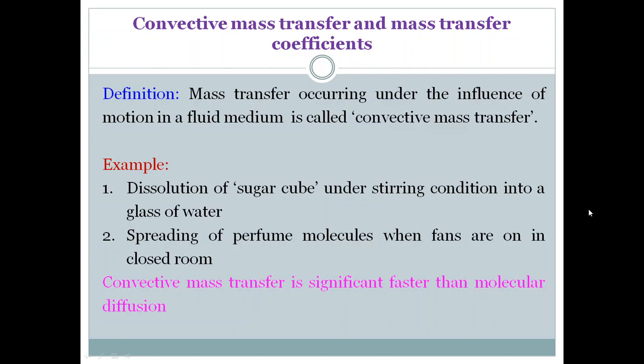Already we have studied the basic definition of convective mass transfer. The definition was: mass transfer occurring under the influence of motion of a fluid medium is called convective mass transfer. It is very similar to convective heat transfer, and here one important term is influence of motion of fluid.